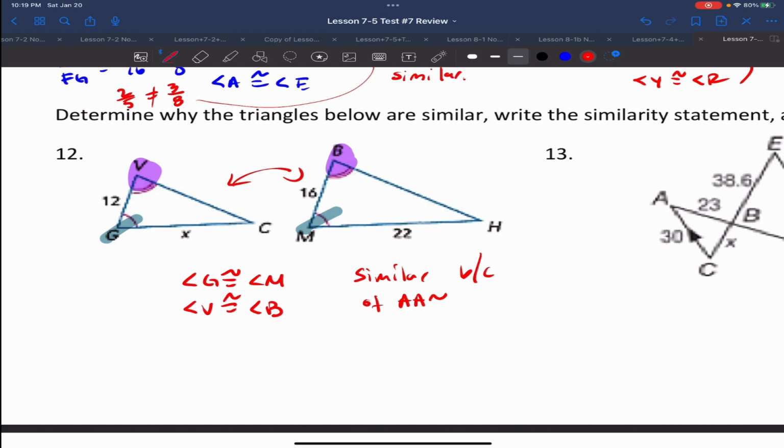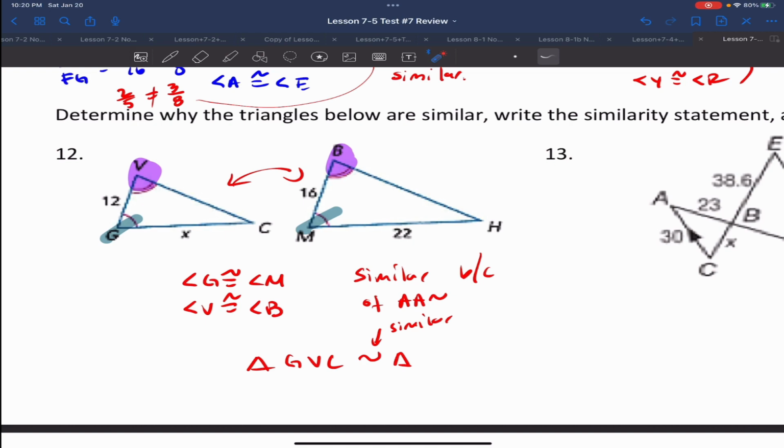So since they are similar, this is where I have to write my similarity statement. I can say GVC. This is where you can say whatever you want as long as you are going around the figure. So GVC is similar to triangle, and then for the other half, you have to be consistent.